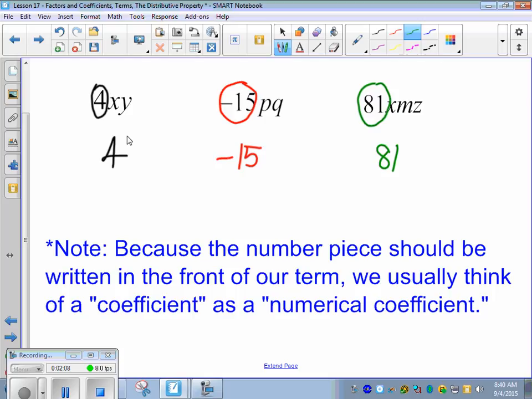So all those definitions that were on that first page are in the book. If you want to read the book in your free time, I know you want to. We usually think in the math world, the coefficient is usually just the number on front of the term. So if you hear coefficient, probably going forward in life, it's almost always just going to be the number on the front. So I just wanted you guys to know that.